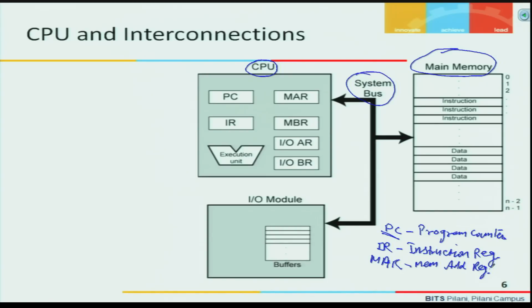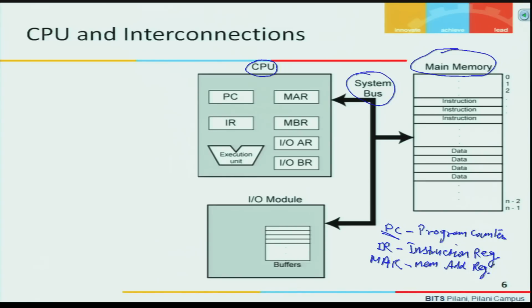So let us say, for example, at some location X some data has to be read. First this value X will be put into the MAR and that will be supplied to the system bus, and then the respective module will recognize this address, and if the data is available it will supply that data via the data bus of the system bus.